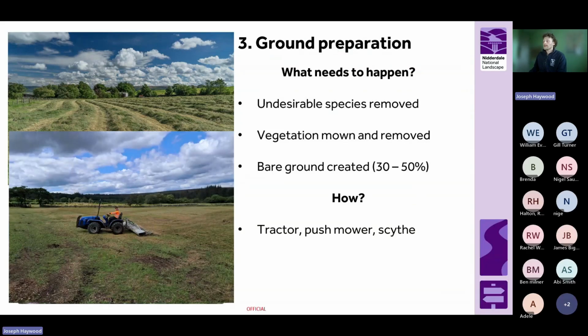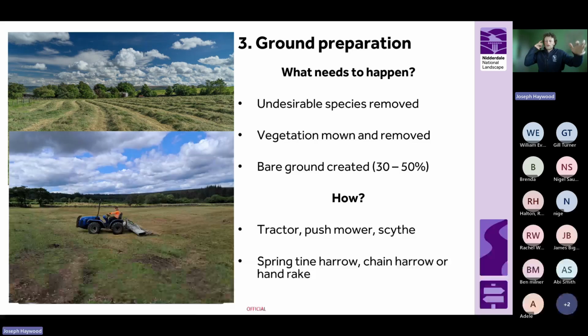So on a larger scale, you can use a tractor or push mower. I'm a big advocate for scything, and you can scythe medium-sized paddocks. And then with the harrow, you can have a springtime harrow. There's another one called a chain harrow, which is more like a big net of chains that you drag along, and it bounces along the surface and rips up tufts.